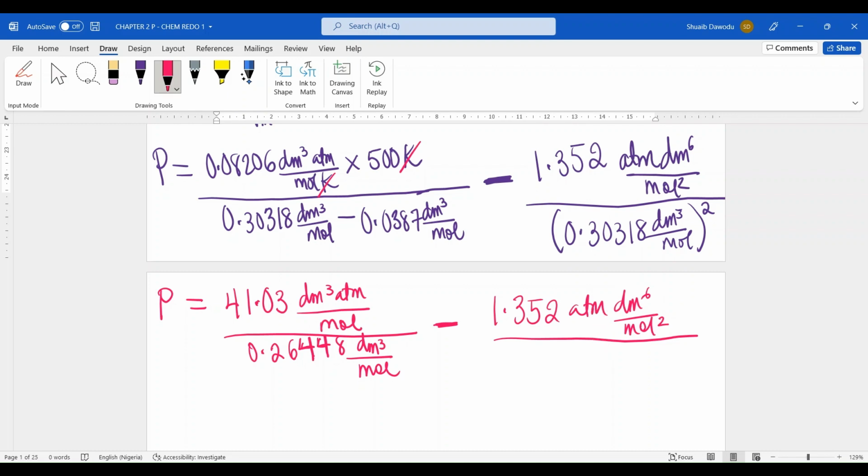That's simply just going to be 0.091918 decimeter raised to the power 6 per mole squared.